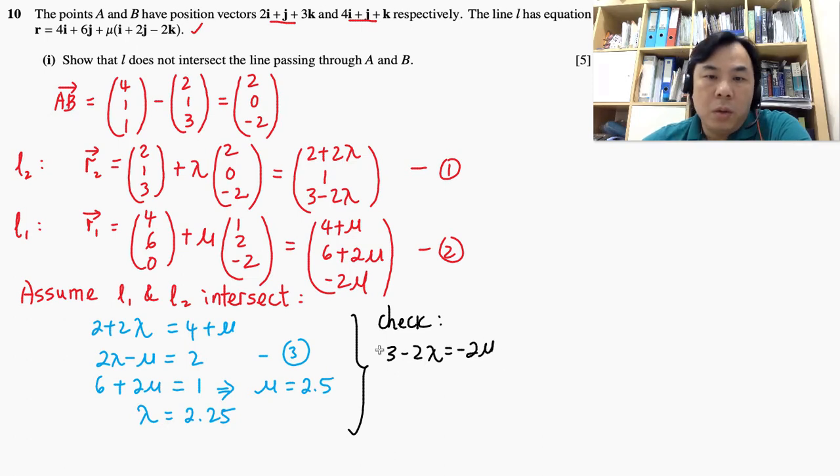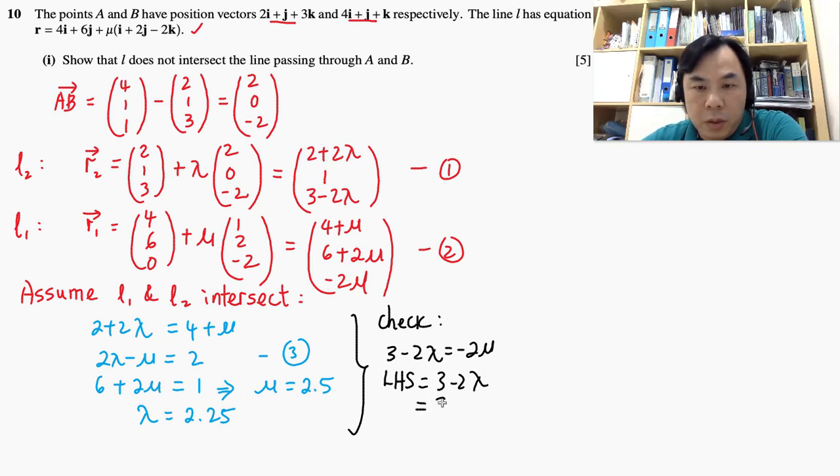All right. Now all we need to do is check this through. I can just substitute the values here. My left hand side, 3 minus 2 lambda, would give me 3 minus 2 times 2.25, which is basically 3 minus 4.5, so I get negative 1.5.